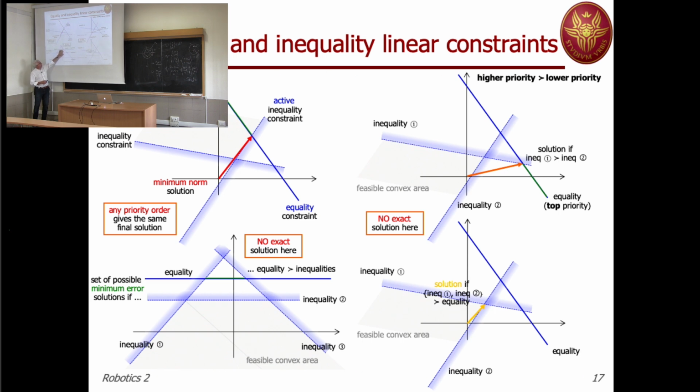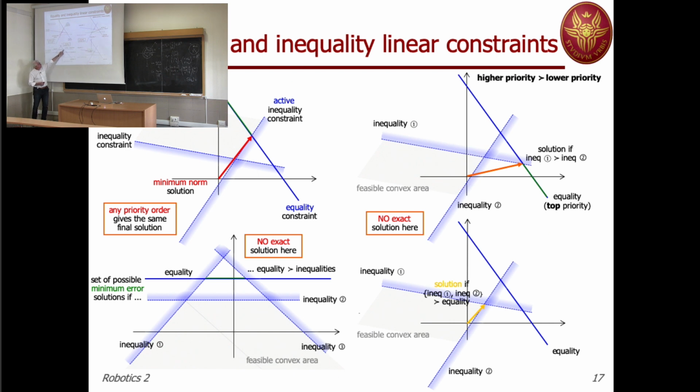So we'll satisfy the top priority constraint, the equality, and in this case we'll satisfy both inequality 1 and 3, and we'll minimize the distance. You see that this is a special case numerically because this equality is parallel to the inequality 2 when the inequality becomes active, so it becomes a strict equality.